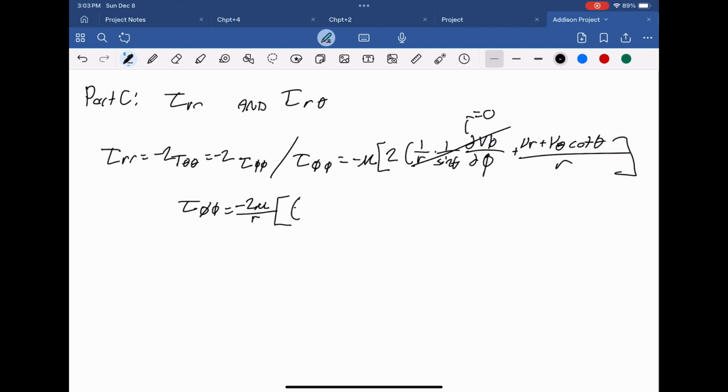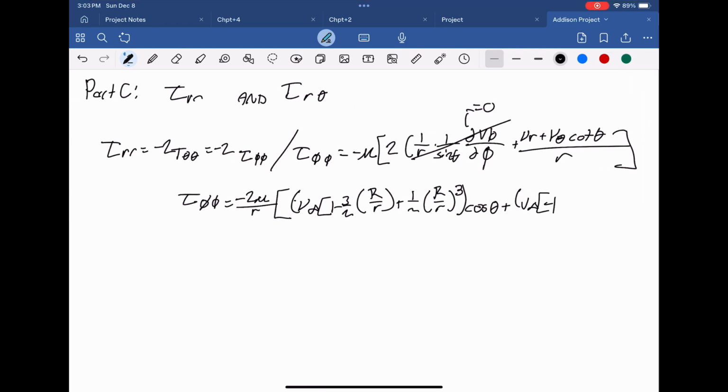times V infinity times 1 minus 3/2 r over R plus 1 over 2 r over R cubed cosine theta, plus V infinity times negative 1/4 r over R cubed.